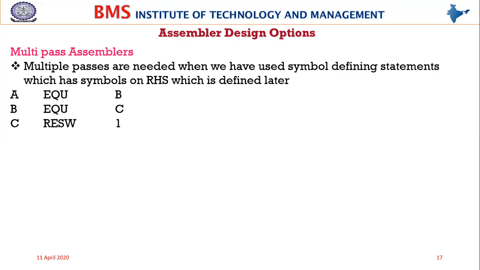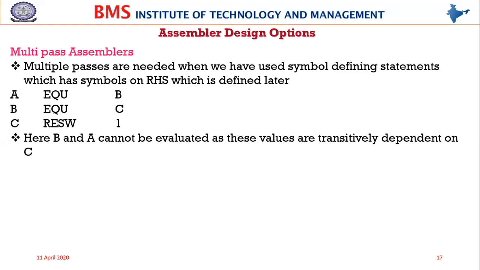Now, C is going to get the address in pass 1, but A will not get it, B will not get it, because B is dependent on C, and A is dependent on B, which means A is transitively dependent on C. So A cannot be evaluated until B is got, and B cannot be evaluated until C is got. So we need multiple passes.